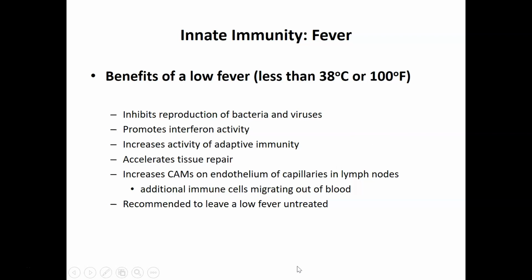A slight fever inhibits reproduction of pathogens. It promotes the activity of certain innate immune proteins like interferons. And so that will help with adaptive immunity in general. It also promotes tissue repair.